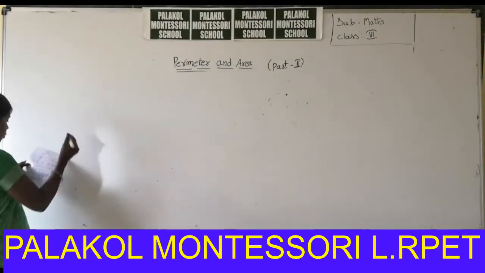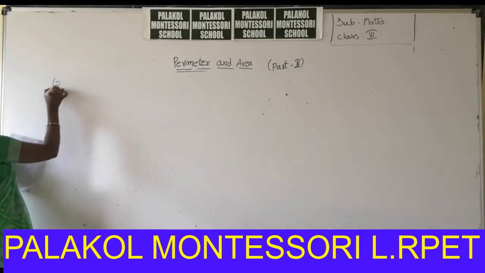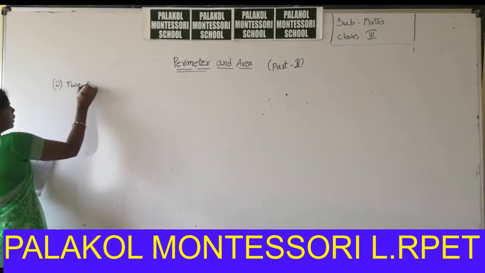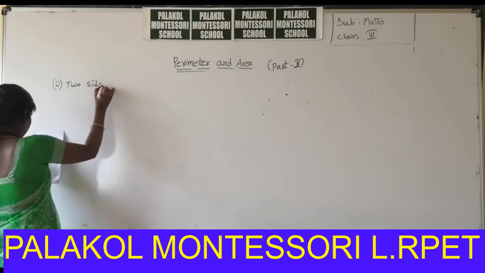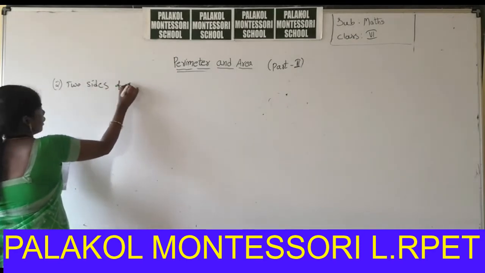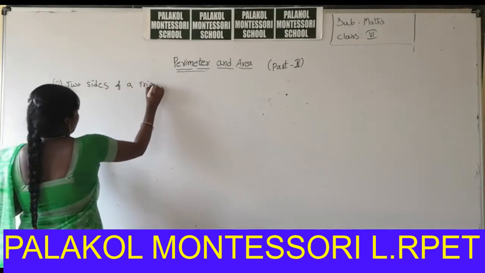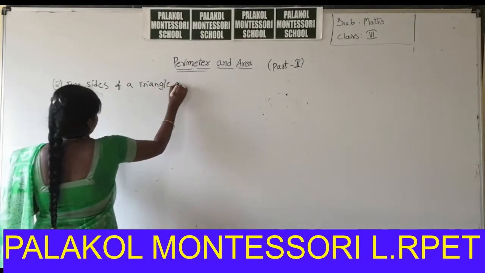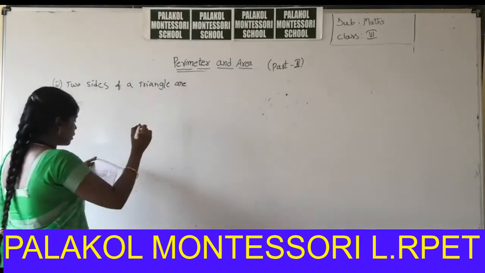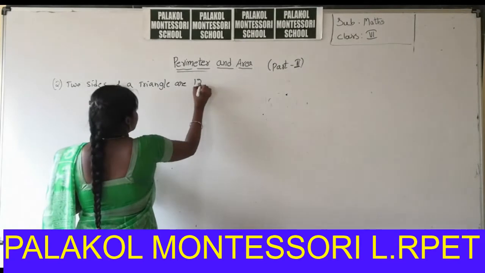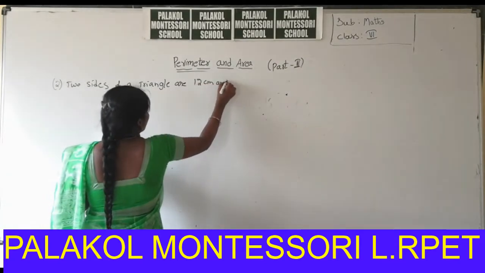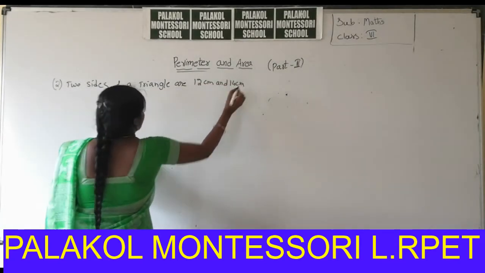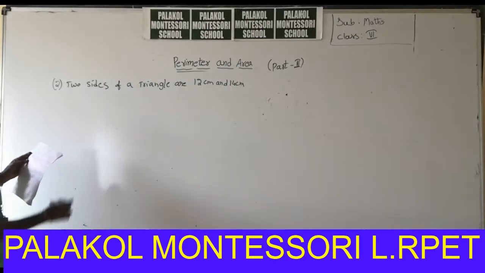Next we are going to another question. Two sides of a triangle are 12 centimeters and 14 centimeters.